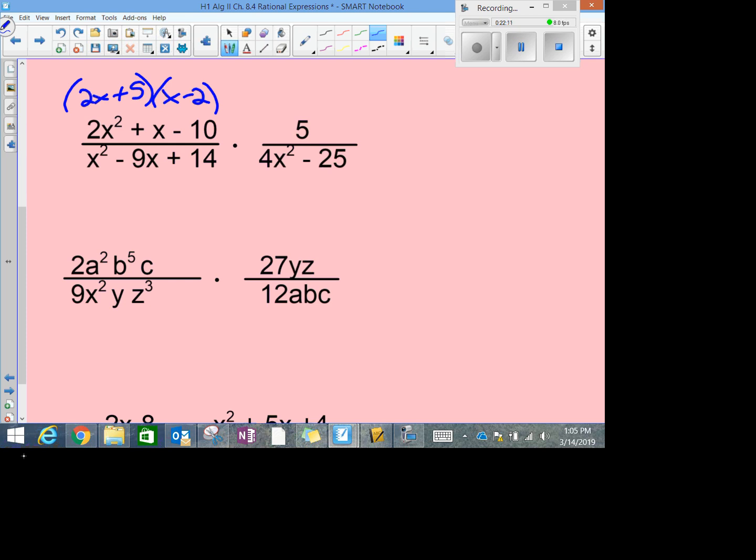Well, it multiplies to 14 and adds to negative 9. That's negative 2 and negative 7. Can we do anything with 5? No. What about 4x squared minus 25? Difference of squares. What would it be? There you go, 2x minus 5 and 2x plus 5.